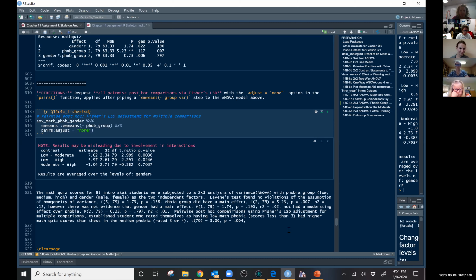So low phobia had higher scores than the medium phobia, and high phobia rated 5 or more.